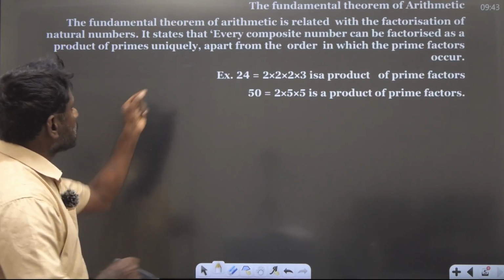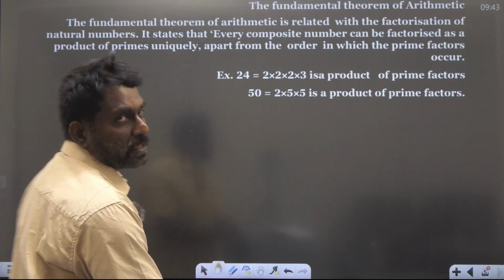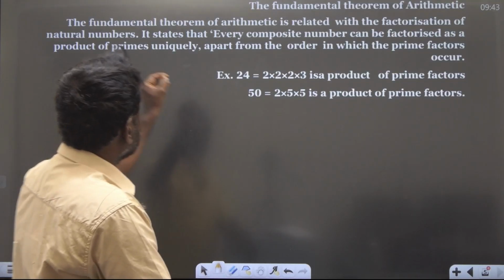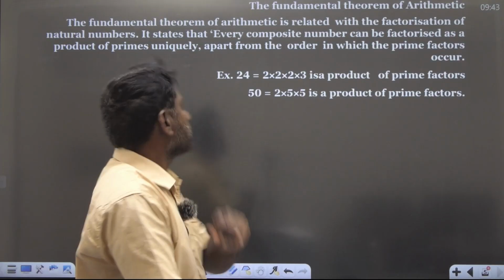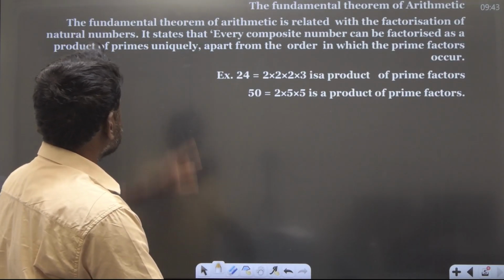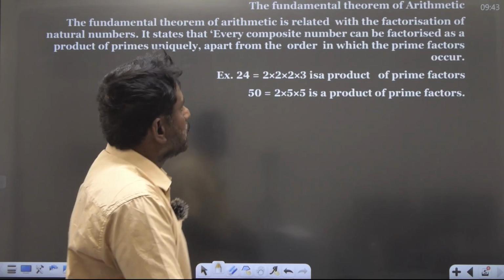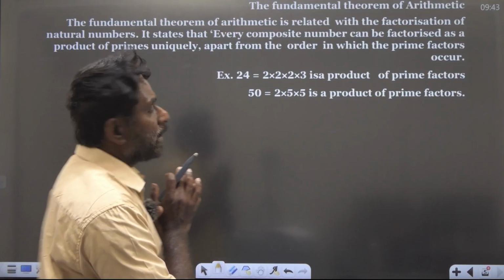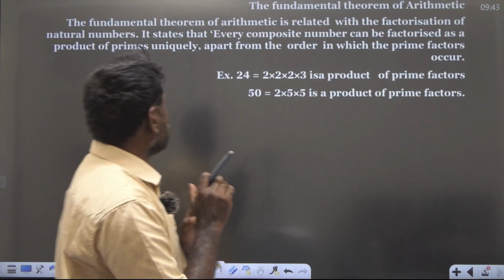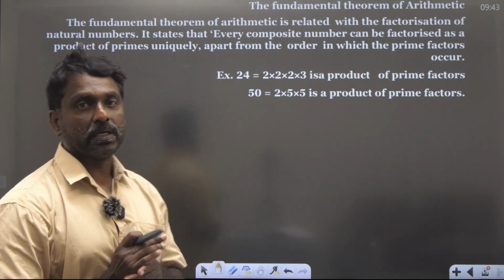It is related with the factorization of natural numbers. It states that every composite number can be factorized as a product of primes uniquely, apart from the order in which the prime factors occur.